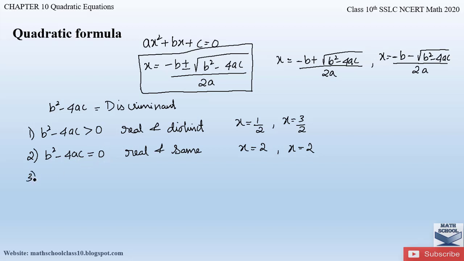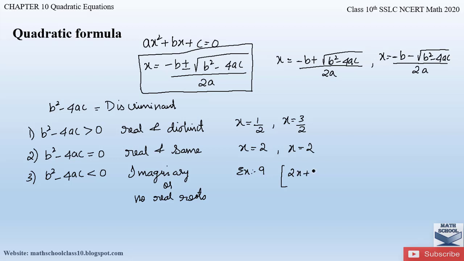And the third category of roots we will obtain is when b square minus 4ac is less than 0. When this value is less than 0, the roots which you obtain will be imaginary, or no real roots. So for example, in our example number 9, which I had done in my previous video, there we got a condition where (2x plus 3 by 4) the whole square was equal to minus 17 by 16.